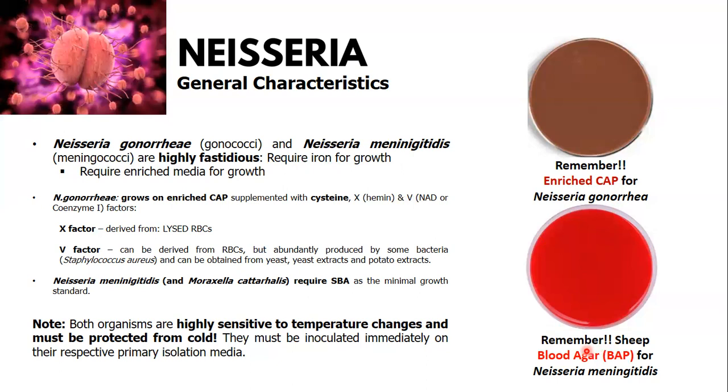However, in reverse, Neisseria gonorrhoeae grows poorly on blood agar plate because it lacks the necessary nutrient requirements for it to grow, and therefore sheep blood agar plates cannot be used as the primary isolation media for Neisseria gonorrhoeae from clinical specimens.